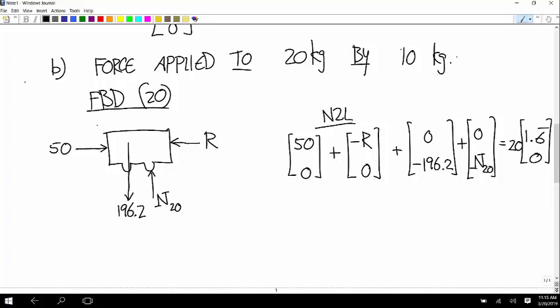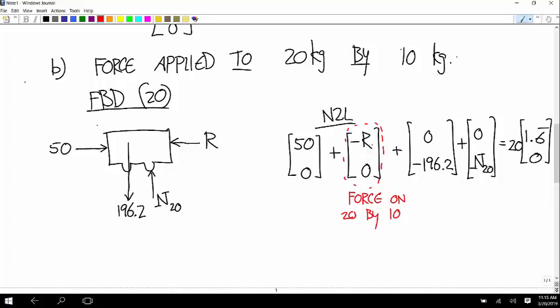Okay, so we have two equations. Well, it turns out that what we're looking for is this force R, this right here, which is the force vector on the 20 by the 10. So we're trying to represent this vector, and if we come up with the variable R, then we're done.